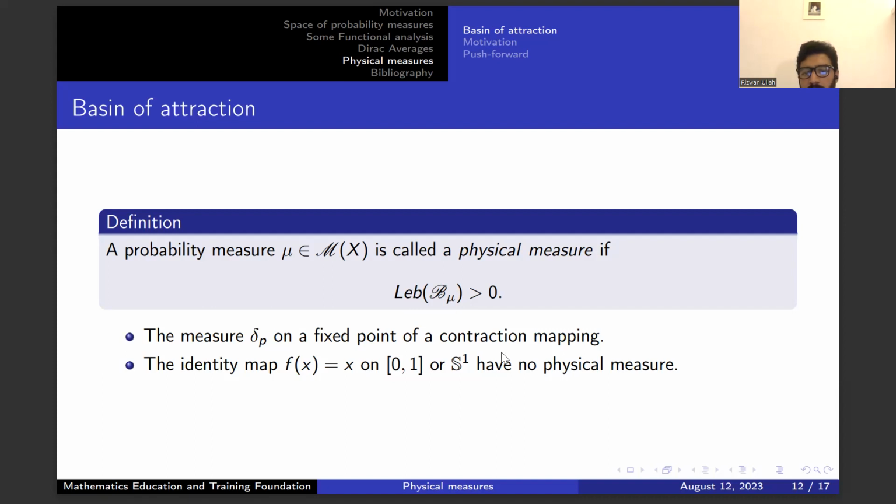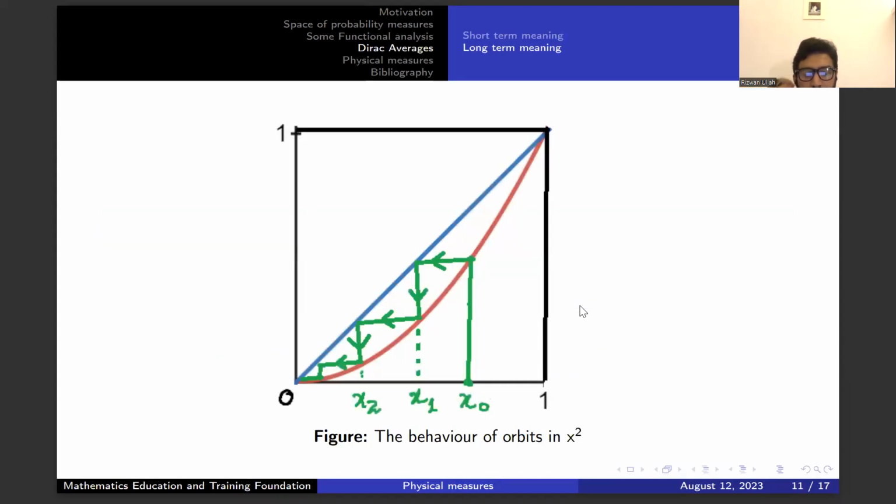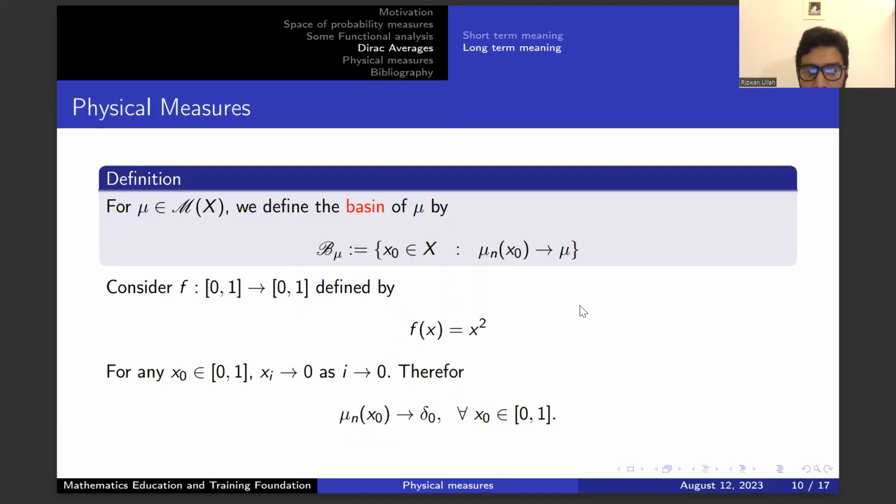To see this, one can see that when you have a contraction and a unique fixed point, then almost every point is converging to that fixed point, like we see in this example. For this kind of contraction, we have a unique fixed point. One can easily see, as we saw in this example, that the basin will have positive Lebesgue measure.